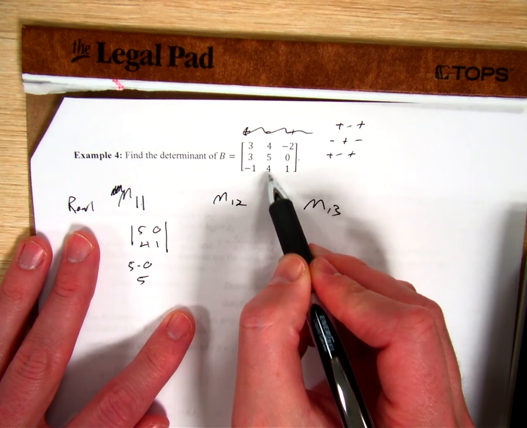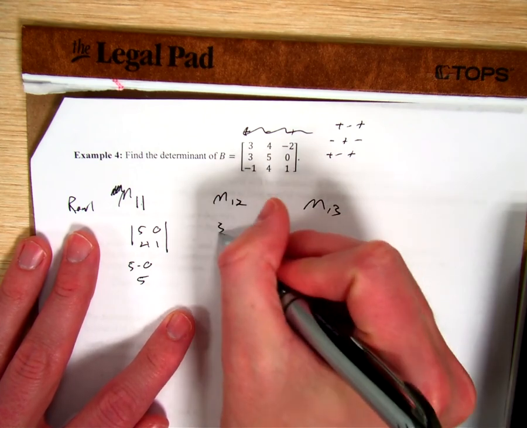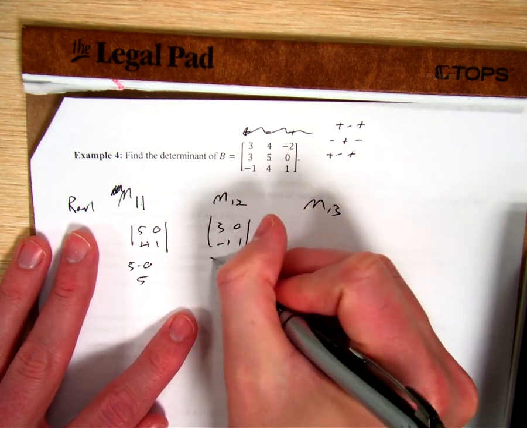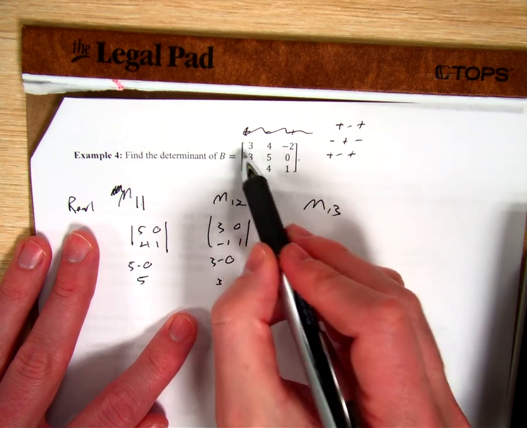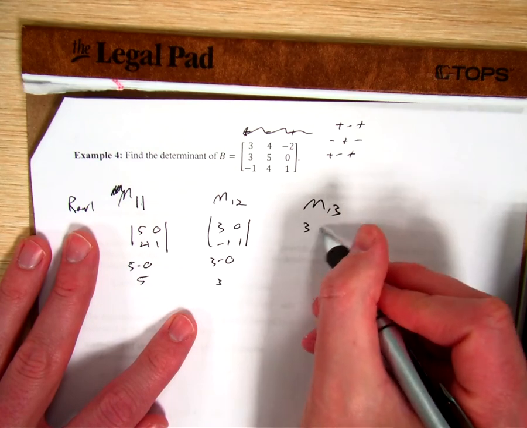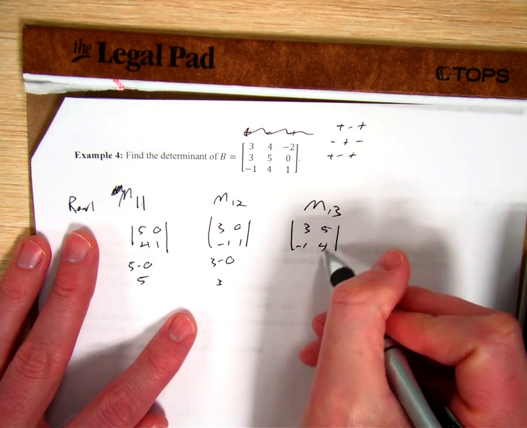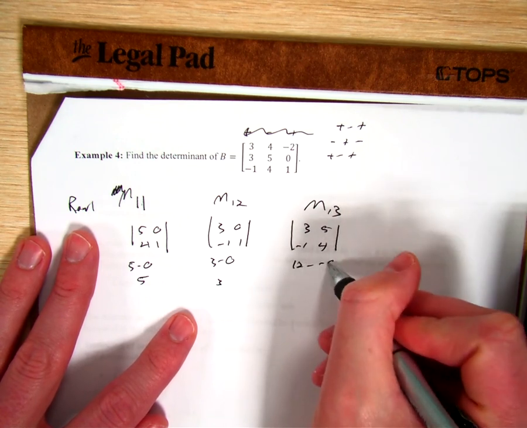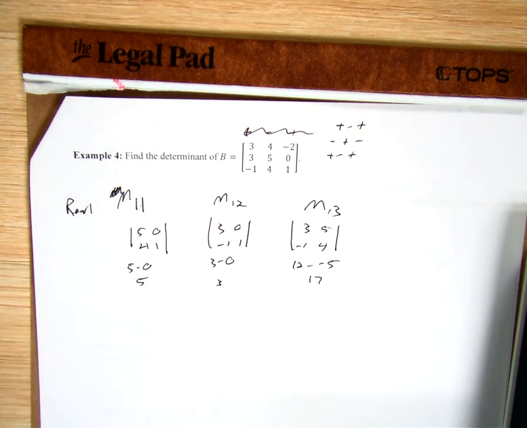We have 3, 0, negative 1, 1. 3 minus 0 is 3. And then M13, 1, 3, so we have 3, 5, negative 1, 4. That's going to be 12 minus negative 5 for 17. Okay, those are my minors.